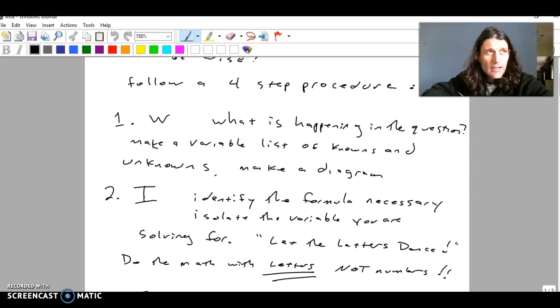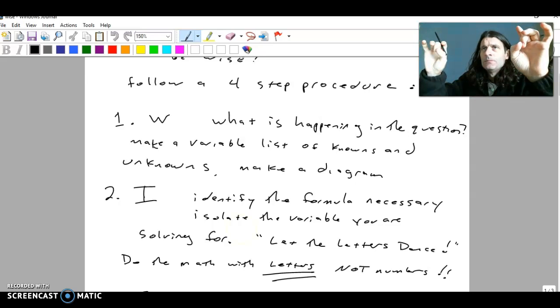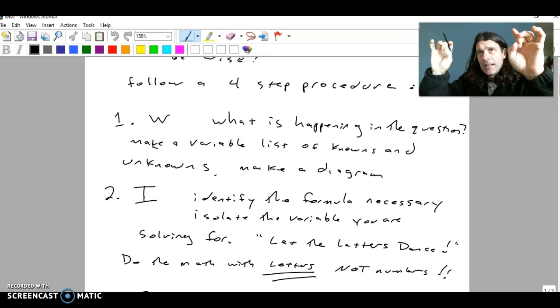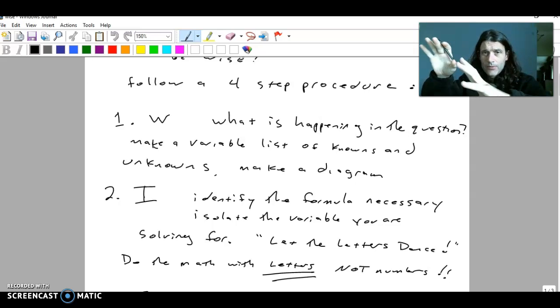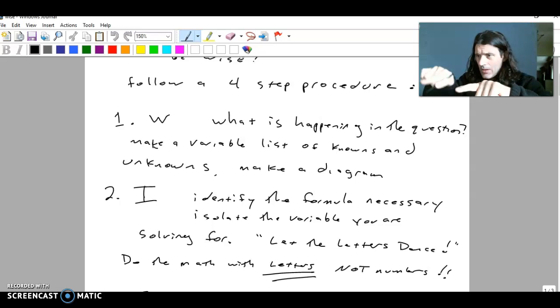Right there with the identify is to isolate the variable you're looking for. So not only did you write the equation, next I want you to isolate whatever variable in that equation you're looking for. So that's when I say let the letters dance. Do the math with letters. Rearrange the equation.